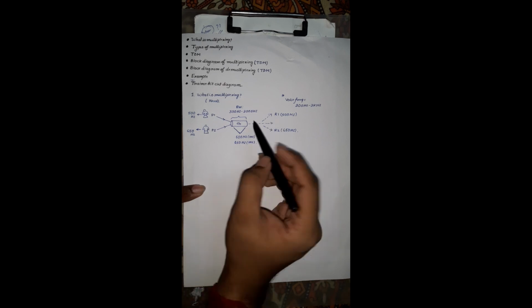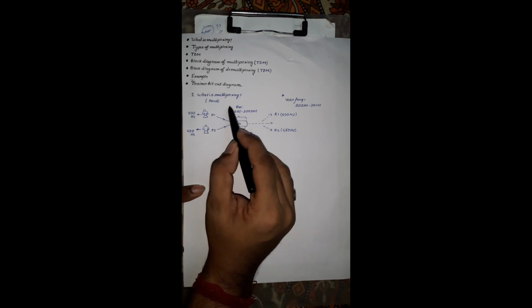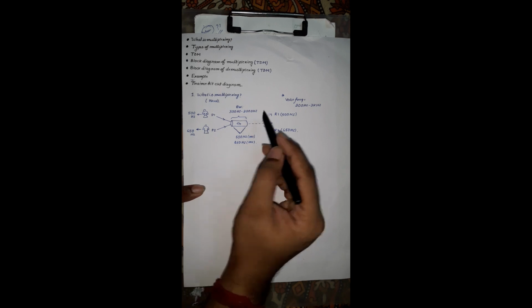Why a single channel? Because the voice channel that we use has a bandwidth of 300 hertz to 3 kilohertz. Not only for two persons, but every person in the world communicating through the same network, whether you are using a Jio network or an Airtel network, which has thousands and thousands of subscribers, they all use the same channel.